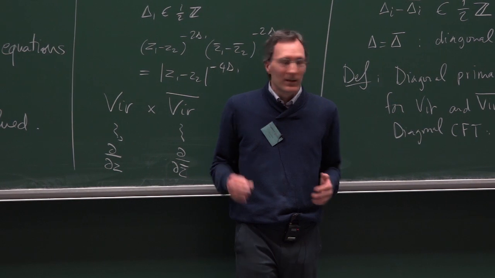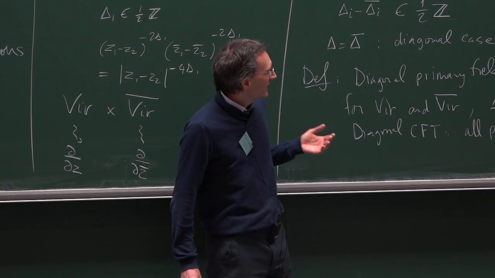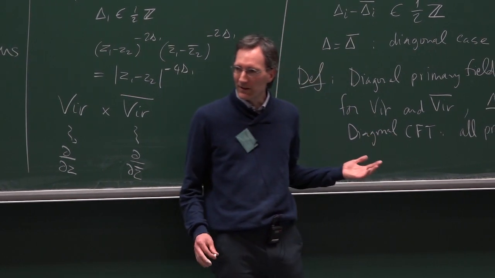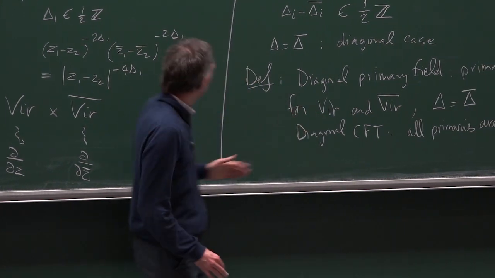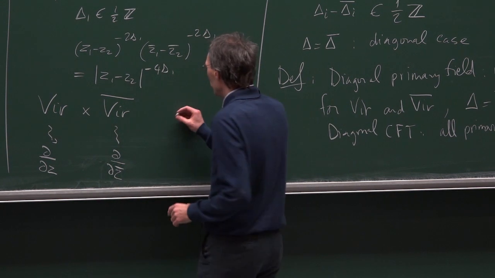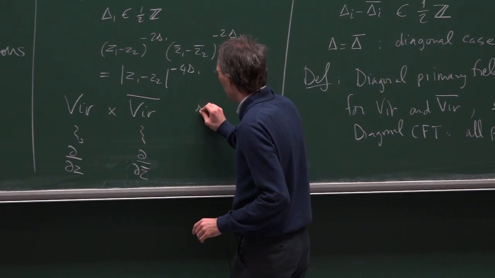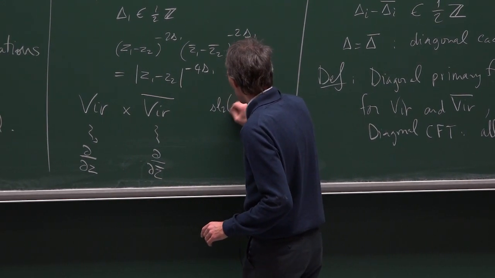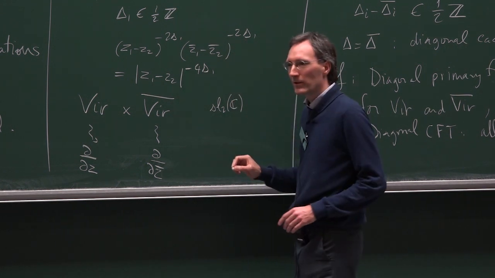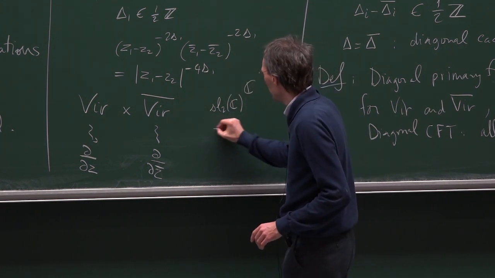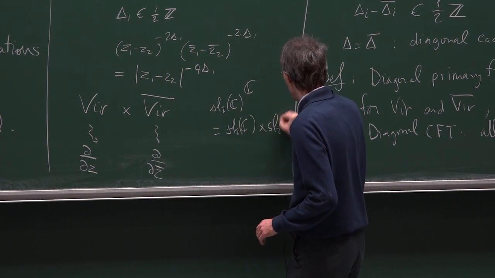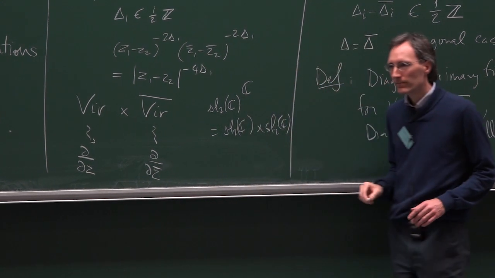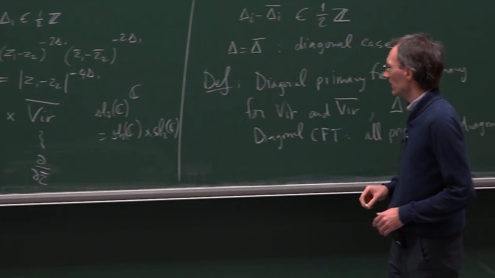If you want, I'm complexifying this symmetry algebra, the Virasoro algebra. That's what allows me to split it into this product. And similarly, if you take your SL2C global symmetry algebra and you complexify it, you just get SL2C left times SL2C right.